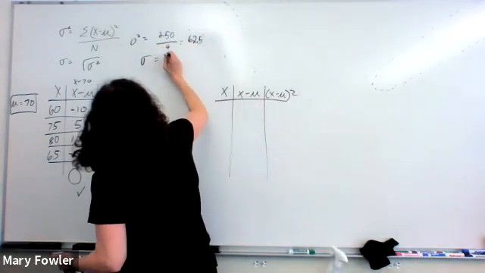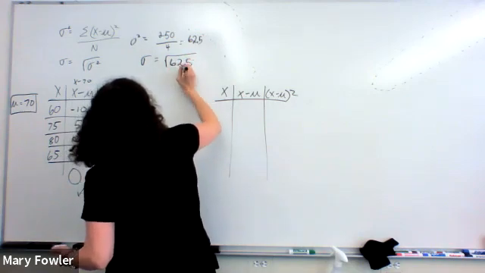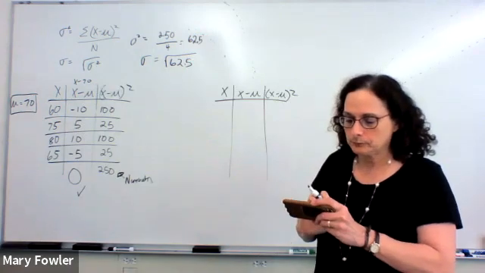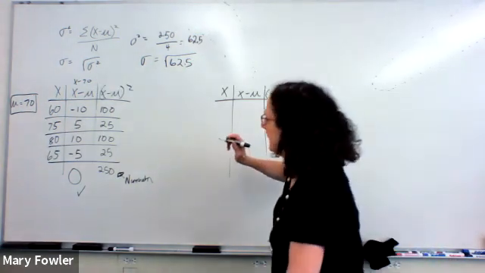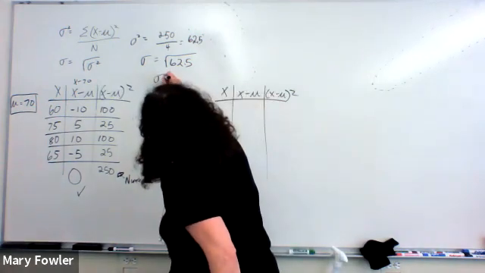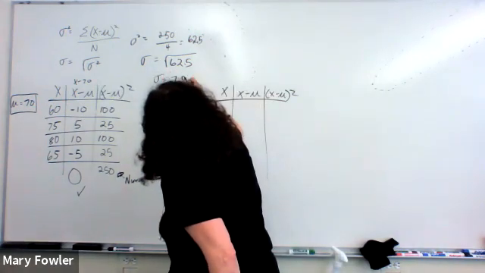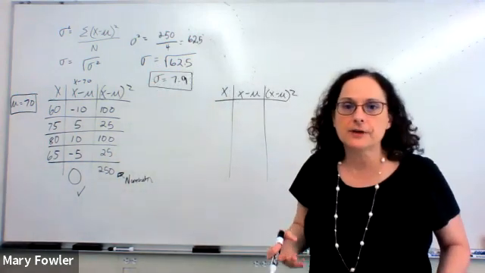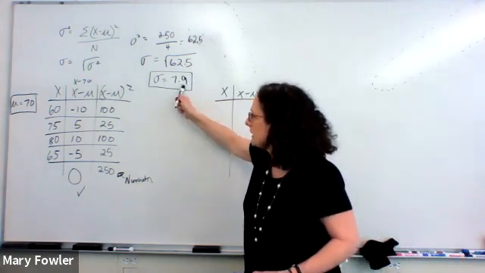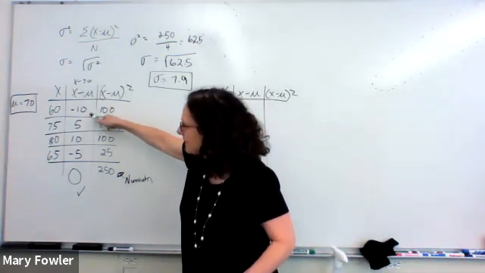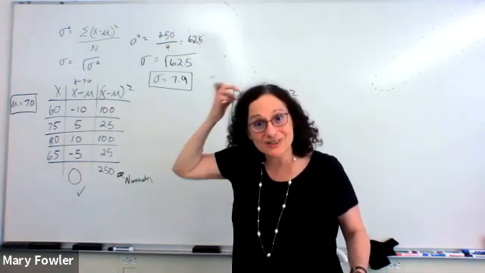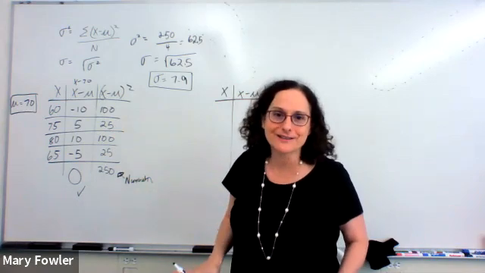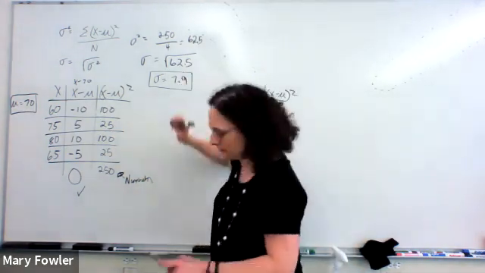So my sigma is going to be the square root of 62.5, and I get 7.9. And that's how far, on average, observations are from the mean. Let's look at it. 7.9, is it somewhere between the 10 and the 5, those values for the deviations? Yes. So I think this is a correct calculation.